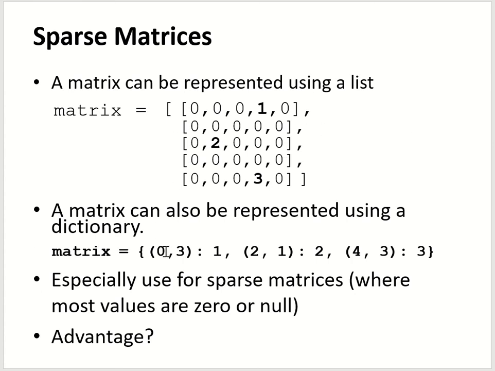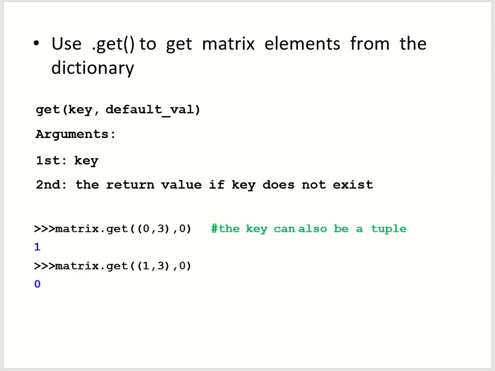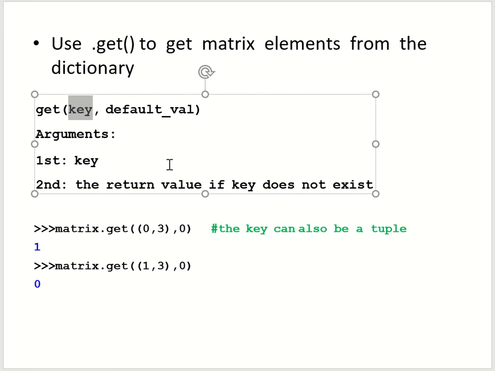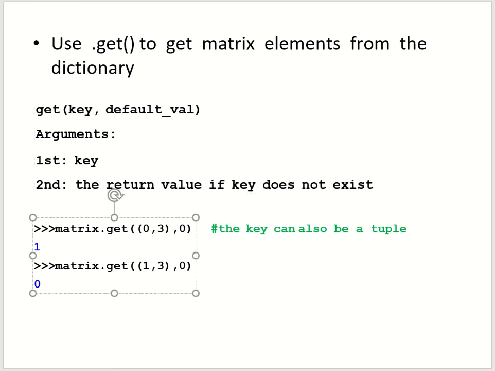But if you need to have a key-value pair for every pixel, then you're not really saving any space in memory. Here's the .get method to reference matrix elements. So you provide a key and a default value. It's a way of reading a matrix here.